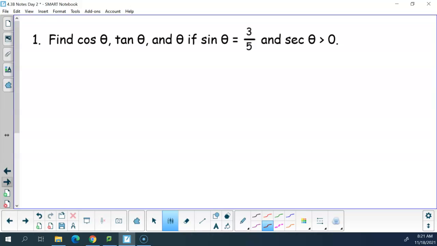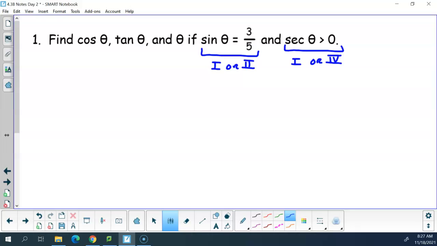Okay. All right. So, first example of two. Find the cosine, the tangent, and theta if sine is 3/5 and secant is positive. Okay, go for it. All right, so again, we got to figure out where we're at. So sine is positive, that's going to be quadrants 1 or 2. Secant is positive, that's going to be quadrants 1 or 4.